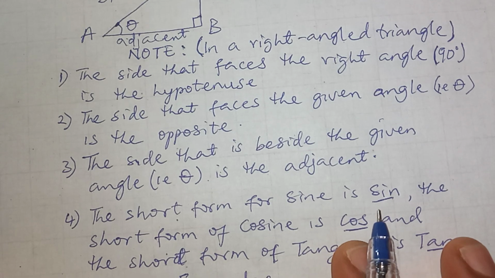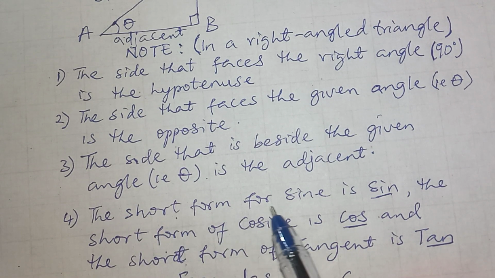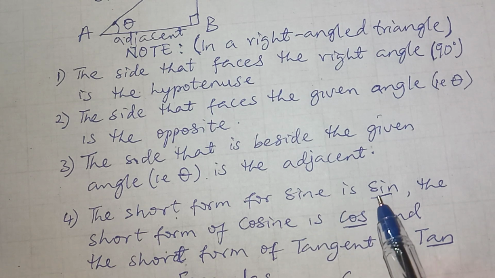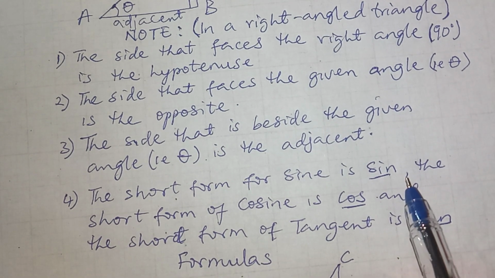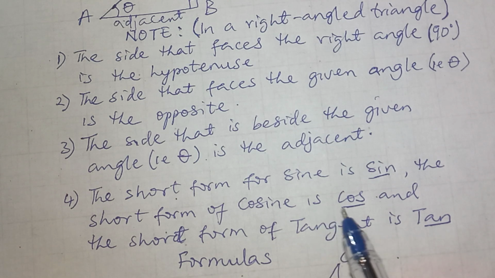Another thing I want us to know is that the short form of sine is written SIN. That's what we'll be seeing when we start solving questions on this topic. The short form of cosine is what?